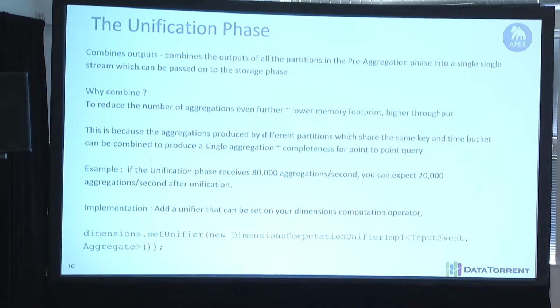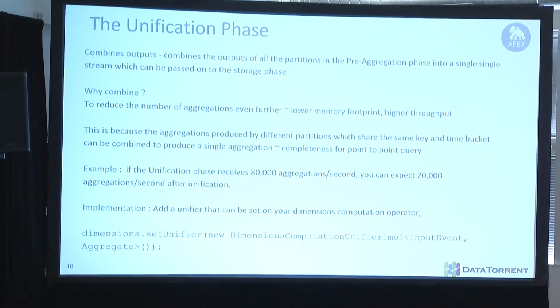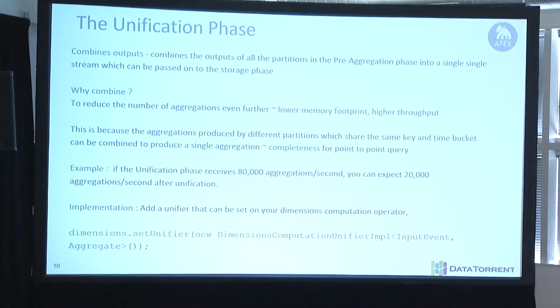The reason for combining is to reduce the number of aggregations even further. This unification phase is pretty close to a combiner in your typical MapReduce paradigm in terms of logical implementation. But in terms of real-world implementation, it's quite different. However, the purpose is to combine aggregations locally and reduce the memory footprint, thereby giving it a higher throughput.